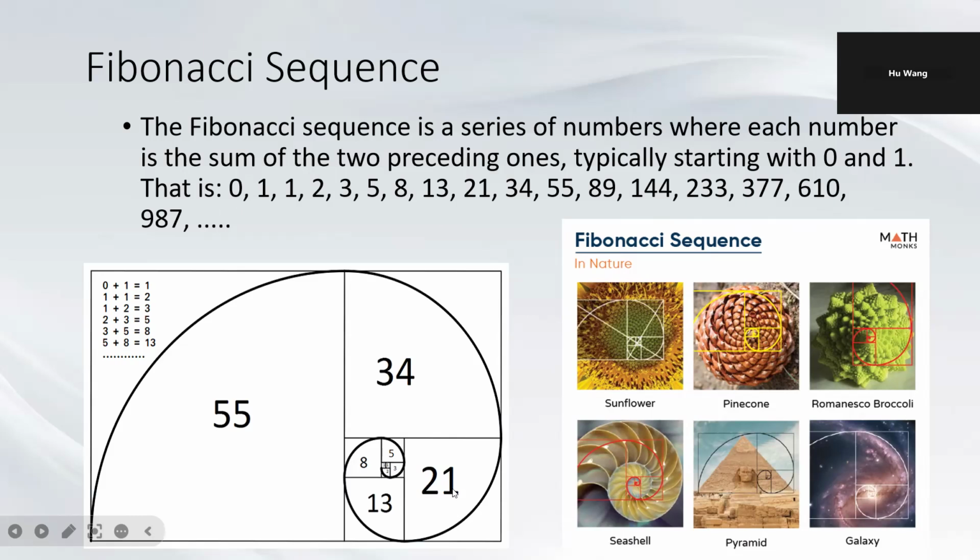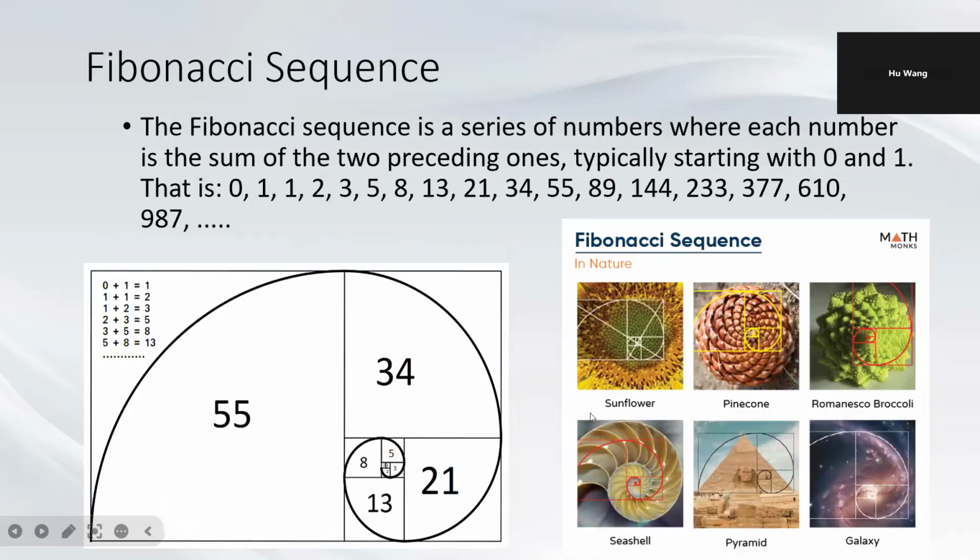We can draw it here, and it has the same shape as the shell we have here, and actually it has a very strong connection with nature. You can find a lot of objects in real life that coincide with the Fibonacci sequence, even the arms of a galaxy. So it's a very interesting sequence.